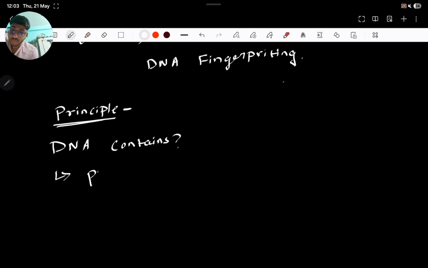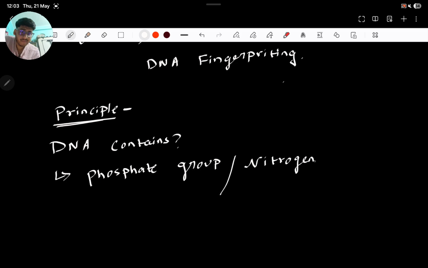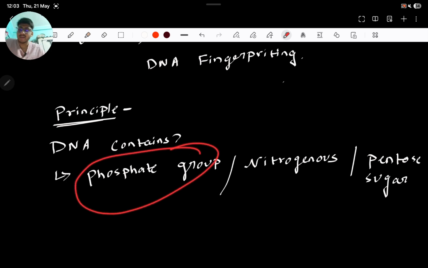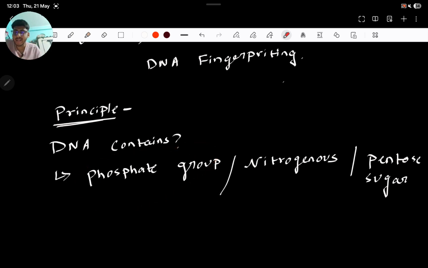A phosphate group. Okay, now you will be saying that DNA also contains a nitrogenous base, a pentose sugar, right? But in case of gel electrophoresis, we are focused only on the phosphate groups.